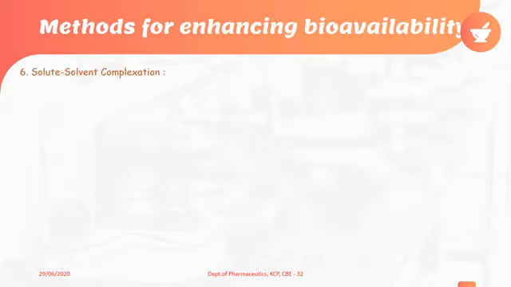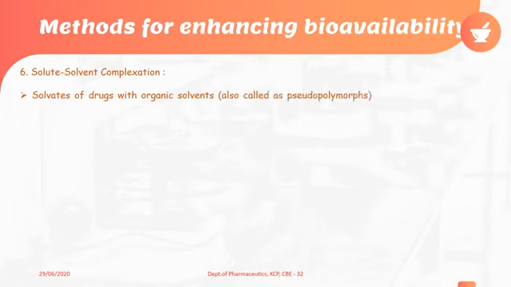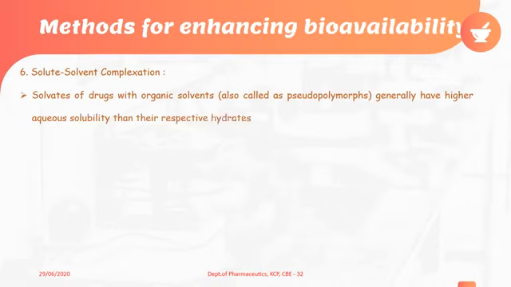The next approach is solute solvent complexation. The solvates of drugs with organic solvents are called pseudopolymorphs. Previously we discussed polymorphs, and here we discuss pseudopolymorphism. Pseudopolymorphs generally have higher aqueous solubility than their respective hydrates or original drugs.